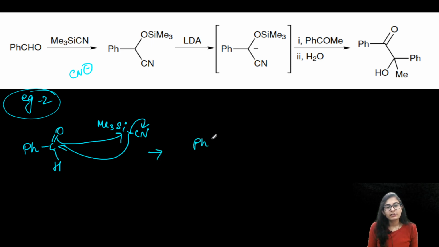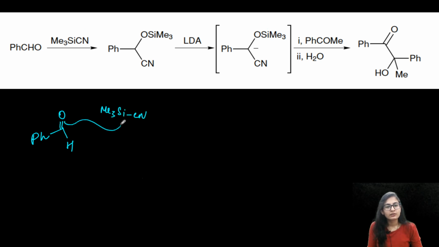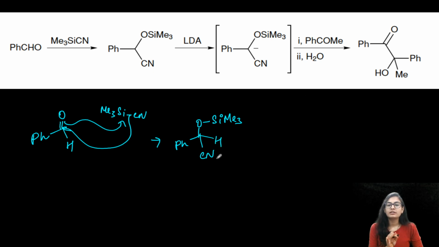So basically what just happened, double bonded oxygen H, Me3SiCN. So oxygen attacked over silicon and the bond fell over the carbon, and this is why you get OSiMe3 and the cyanide over here and the hydrogen. Alright, so this is what you get.